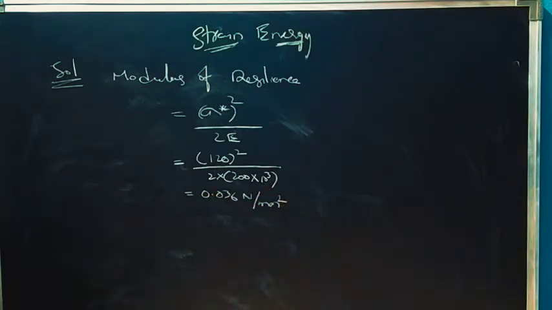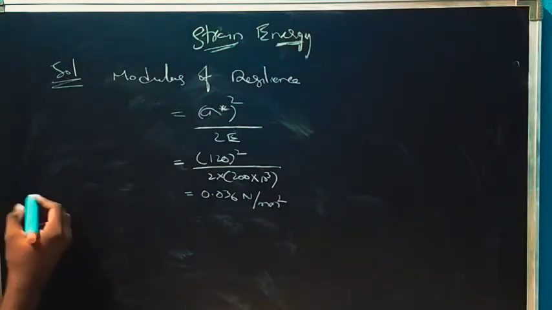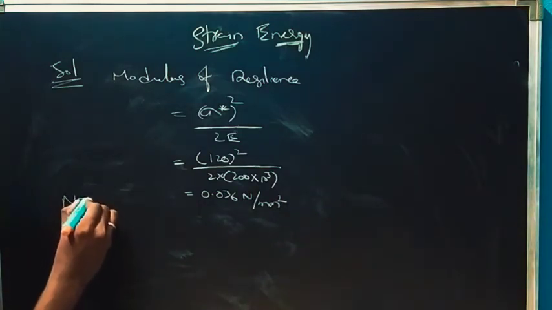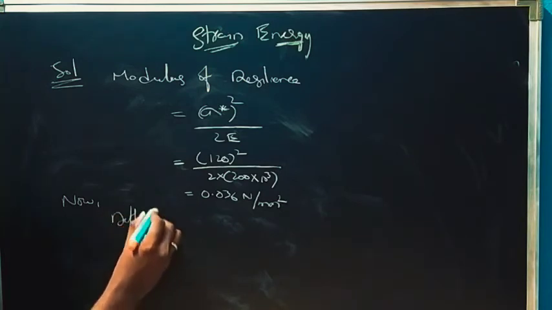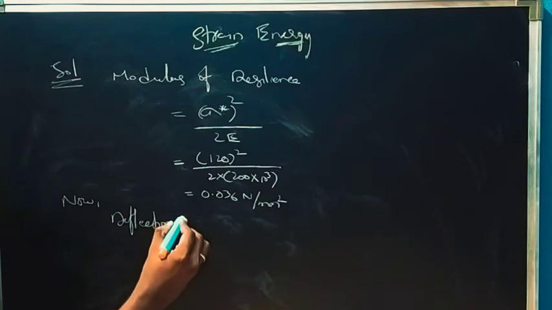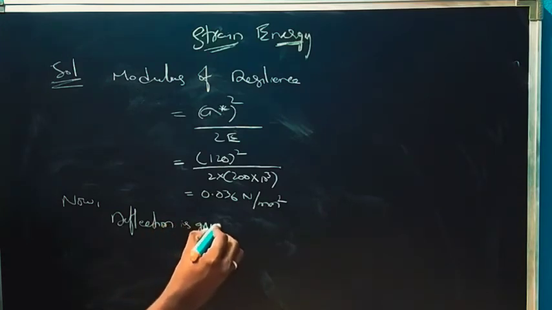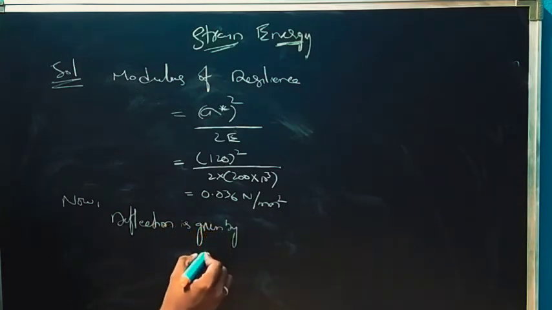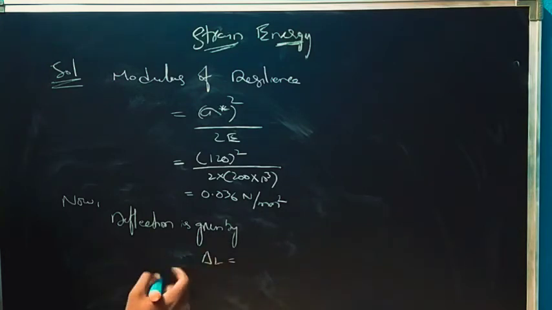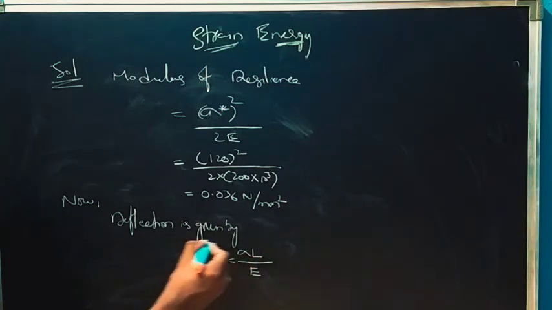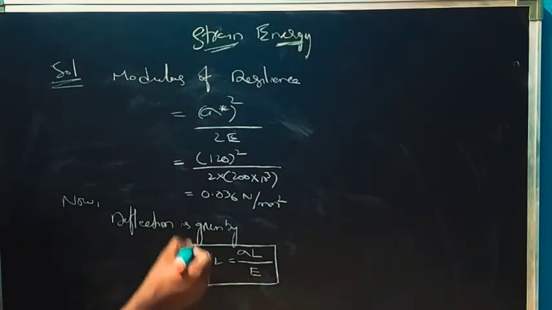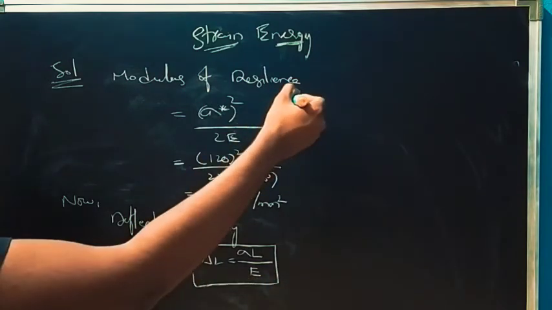Right. Now we'll find out the elongation. So that is nothing but deflection. Now the deflection is given by delta L equals sigma multiplied by L upon Young's modulus. Right. So put the values.